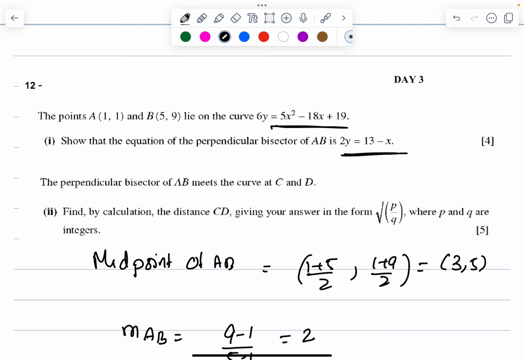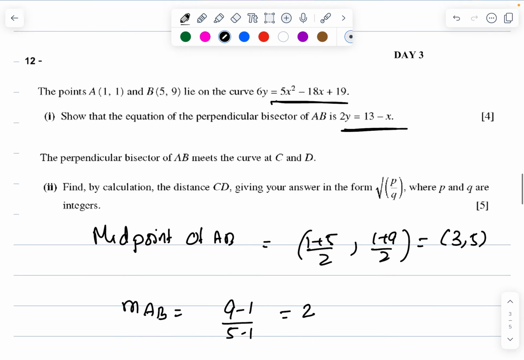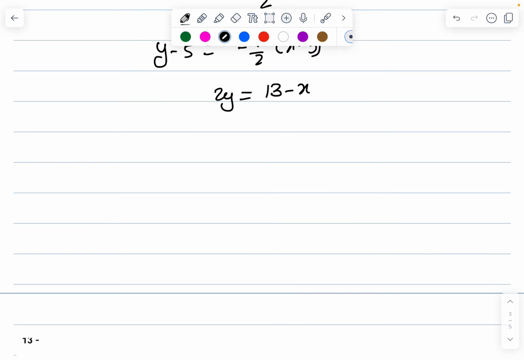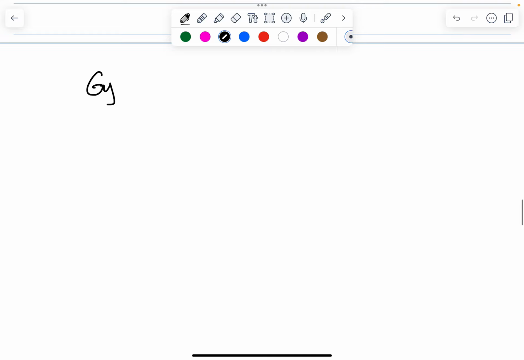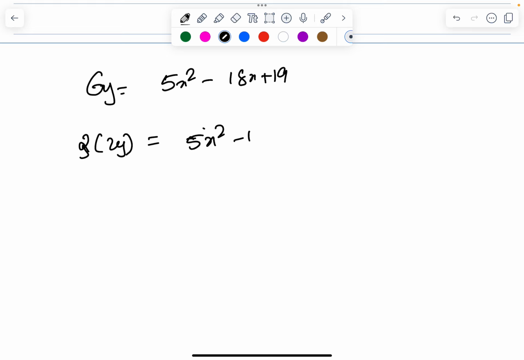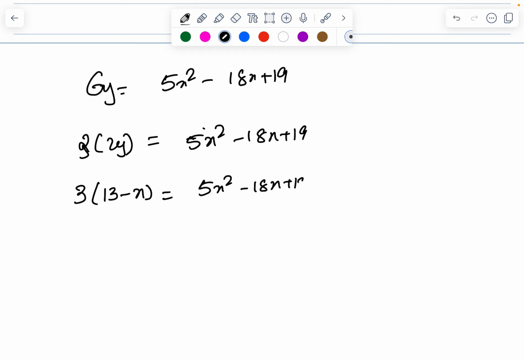So substitute over here. 6y equals 5x squared minus 18x plus 19. 6y means nothing but 3 times 2y equals 5x squared minus 18x plus 19. But 2y equals 13 minus x. So 13 minus x equals 5x squared minus 18x plus 19.